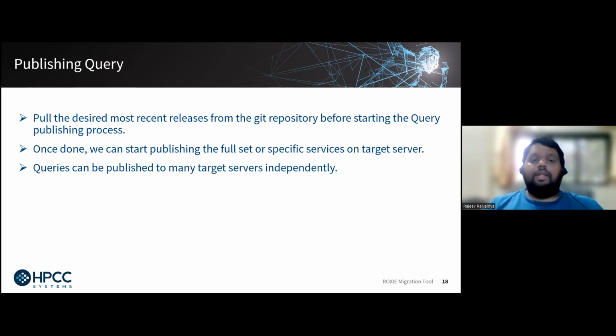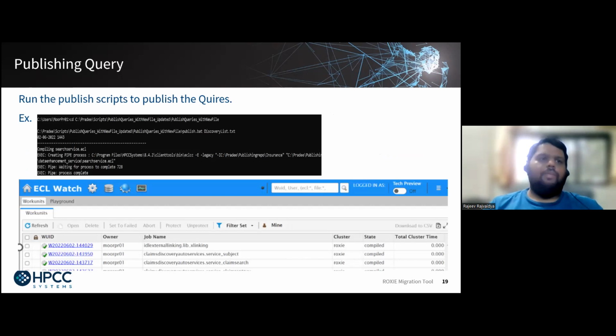We can either publish it single as we want, or we can publish multiple at a single time. So how simple is it? As you can see on the screen over here, I just added the publish.bat script, and all we need to do is give the reference file.